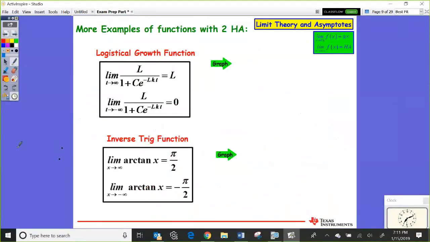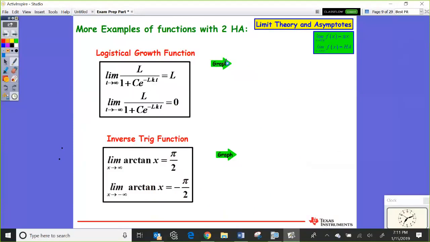I just want to mention 2 more places that have 2 horizontal asymptotes. That's kind of the new concept that my students encounter in calculus. In pre-calculus, we have mostly 1 horizontal asymptote. In calculus, they are exposed to 2 horizontal asymptotes.